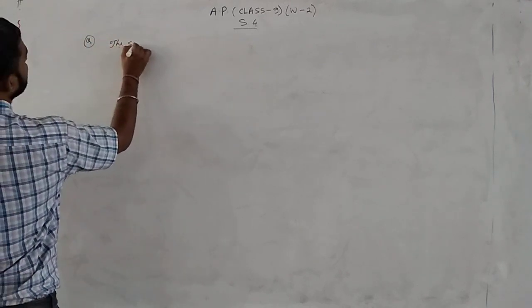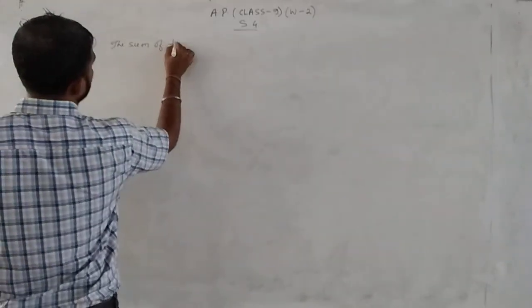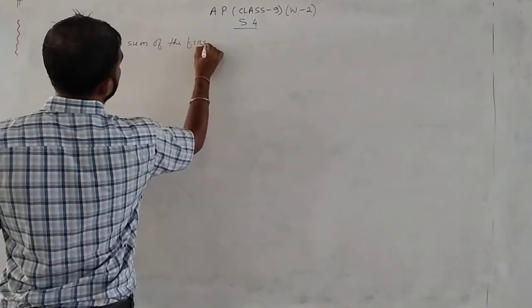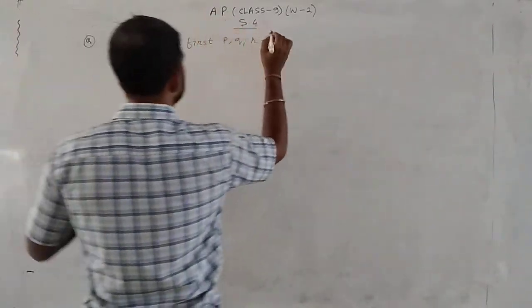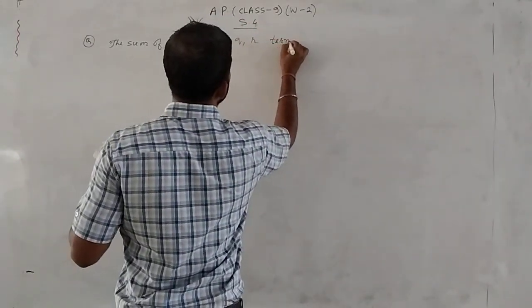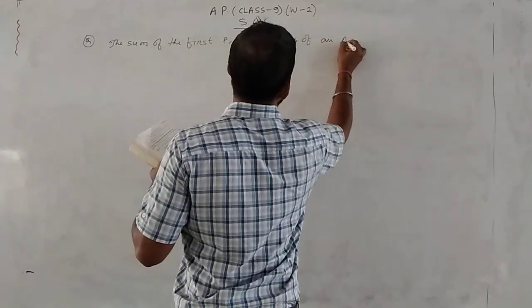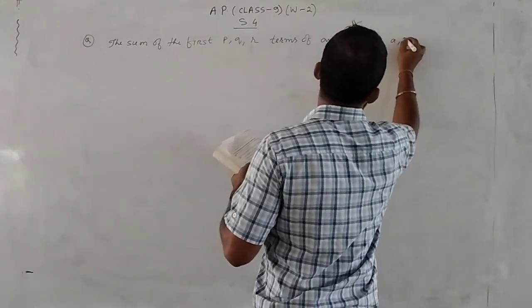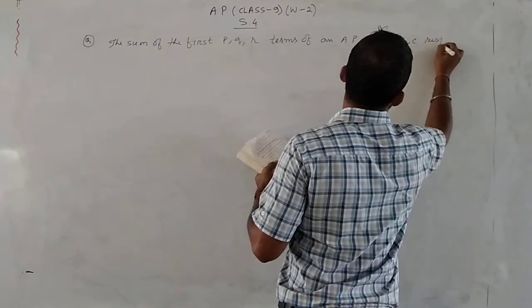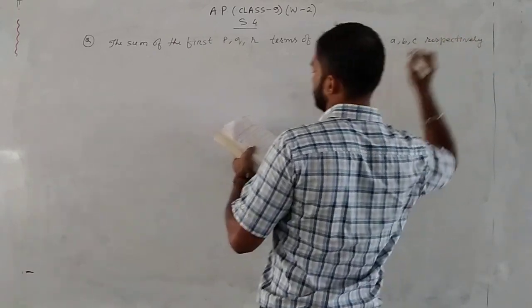The sum of the first P, Q, R terms of an AP are A, B, C respectively.